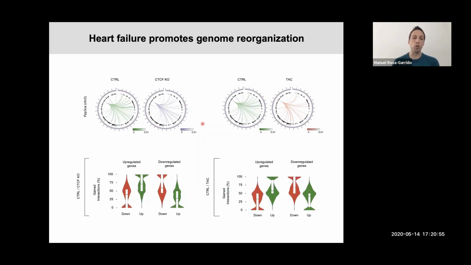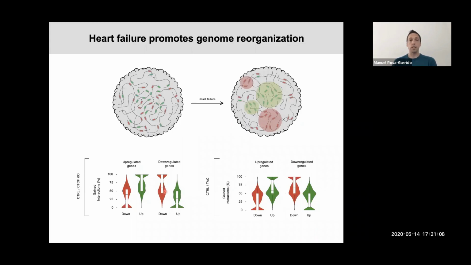What this experiment showed is that upregulated genes after inducing heart failure tend to interact with upregulated genes, and downregulated genes after inducing heart failure tend to interact with downregulated genes. Okay? Suggesting that heart failure promotes a genome reorganization where genes with the same transcriptional behavior tend to get close to each other, tend to cluster close to each other, okay, after disease.